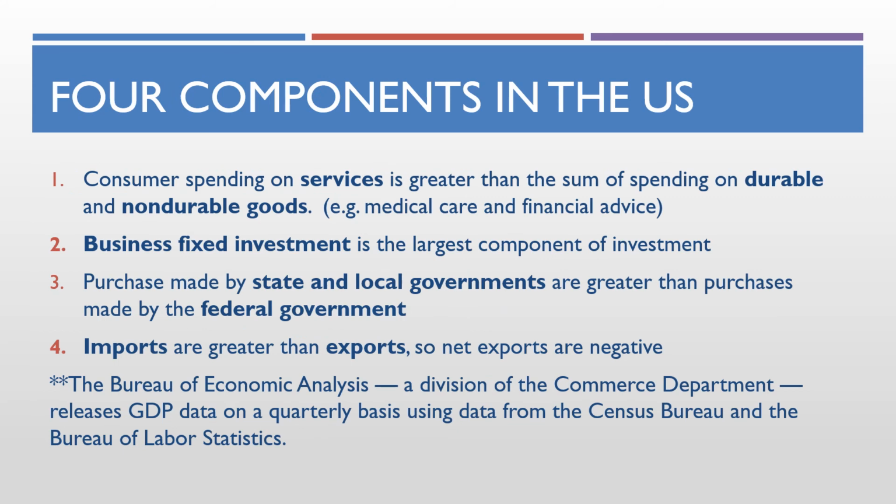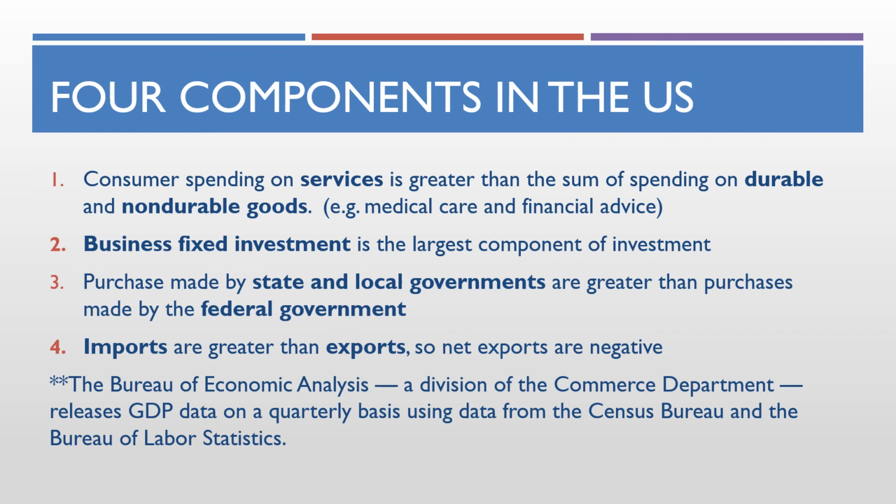Let's talk about the 4 components in the United States. Consumer spending in the US is greater on services than on durable goods or non-durable goods. Business fixed investment is the largest component of investment. Purchases made by the state and local governments are greater than purchases made by the federal government.